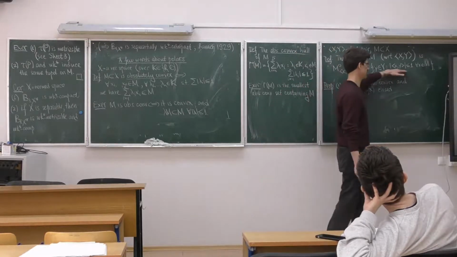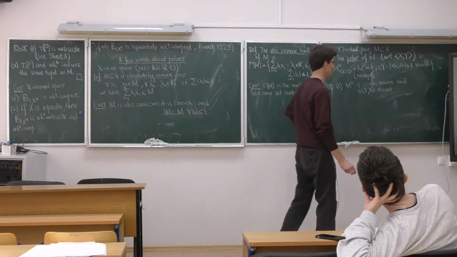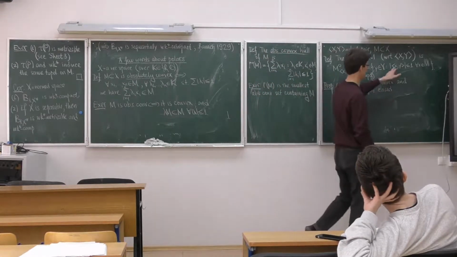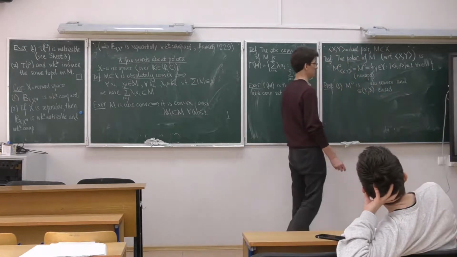The absolute convexity is immediate from the definition, and the weak closedness follows from the fact that each little x is weakly continuous on Y.